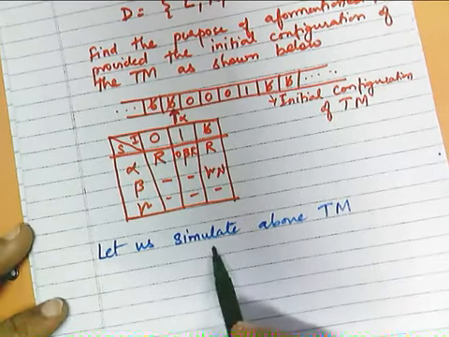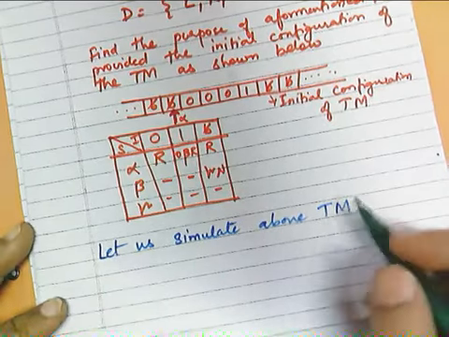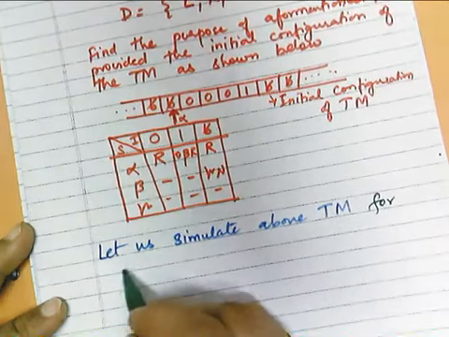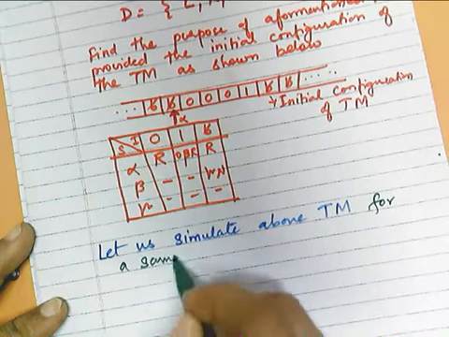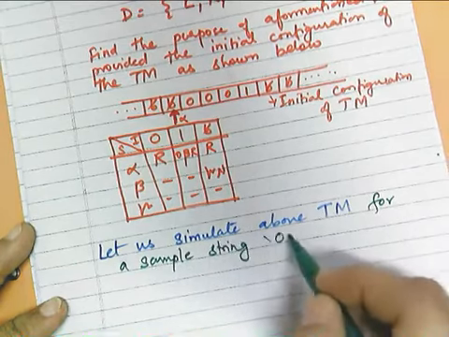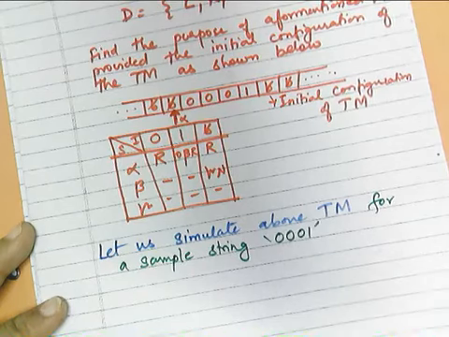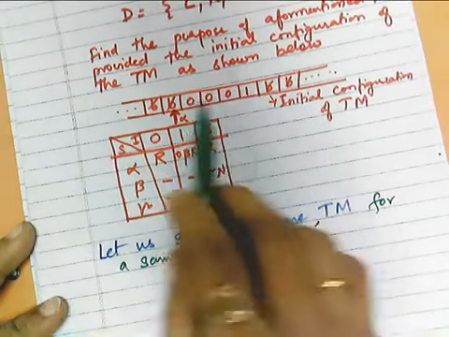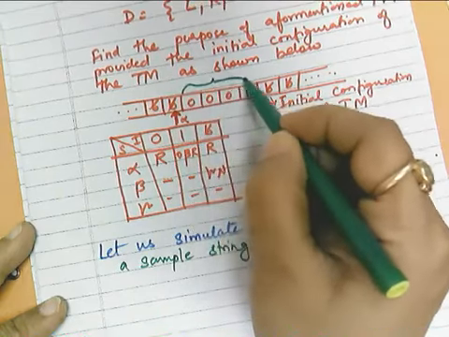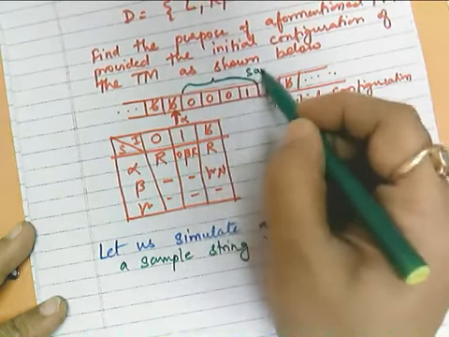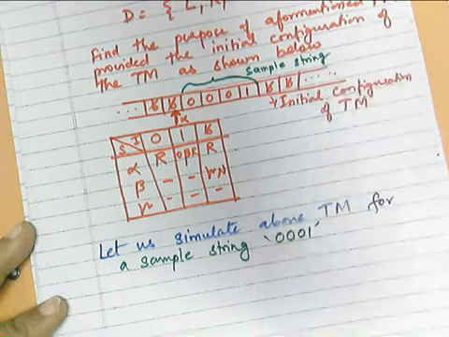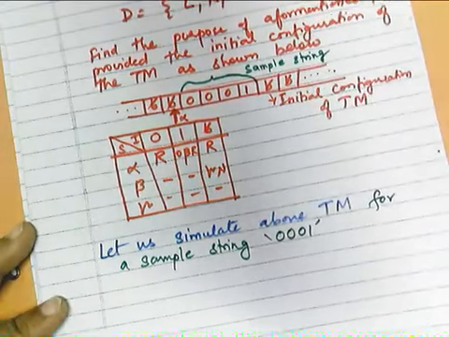So we want to simulate the above TM for a sample string, that is 0001, which is already marked here and acts as the sample string.